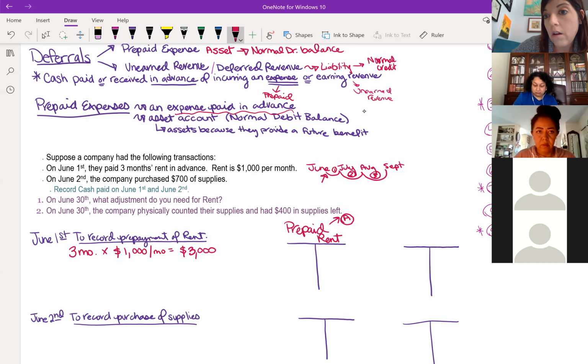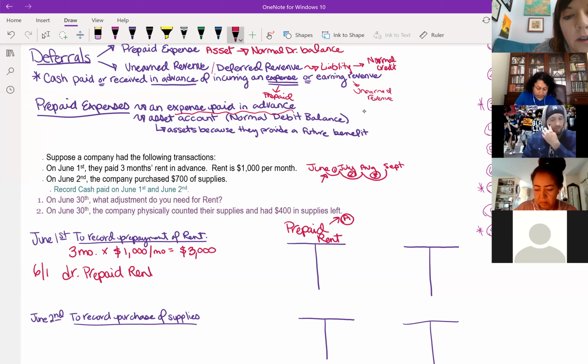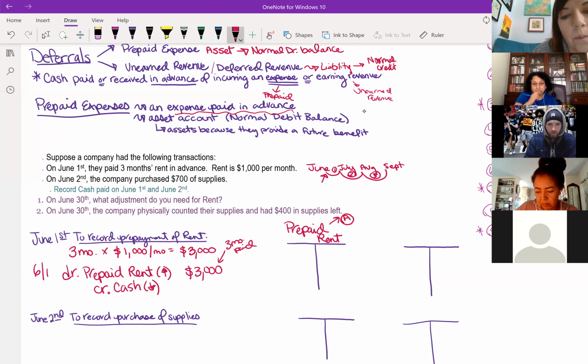And cash is decreasing because we're paying it out. So on June 1st, we're going to debit prepaid rent, increasing our prepaid account by 3,000, and we're going to credit and reduce cash by 3,000.